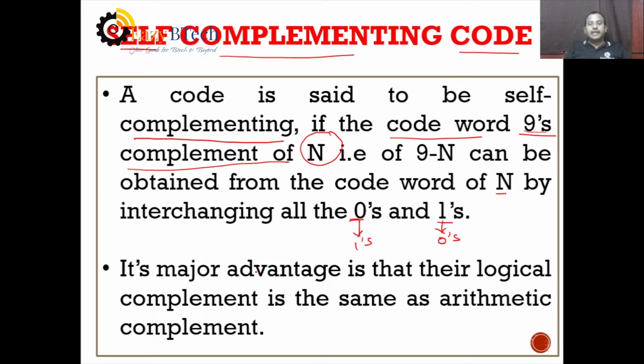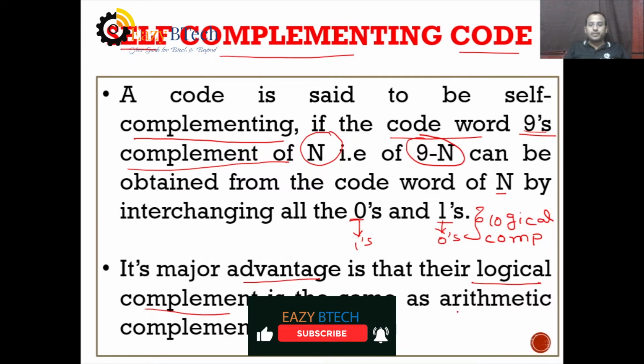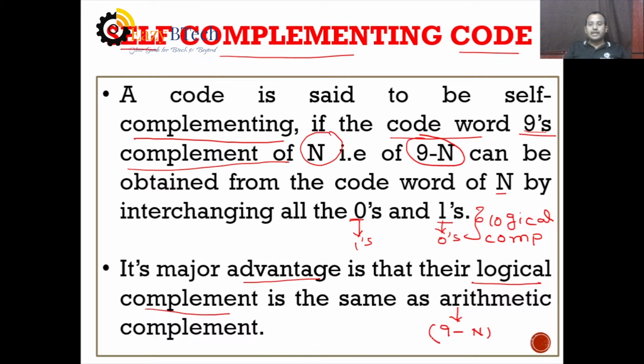So what is the advantage if the code word is a self-complementing code? Changing zeros to 1 and ones to 0 is known as logical complement, whereas 9 minus n is known as arithmetic complement.